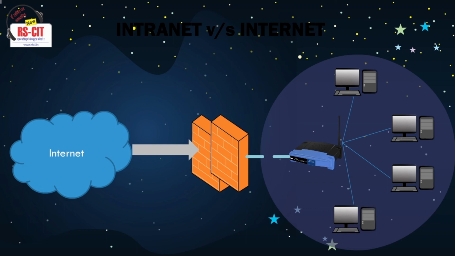One main difference is that users of an intranet can get on the internet, but due to protection measures like computer firewalls, global internet users cannot get onto an intranet unless they have access to it. In fact, an intranet can be run without an internet connection.